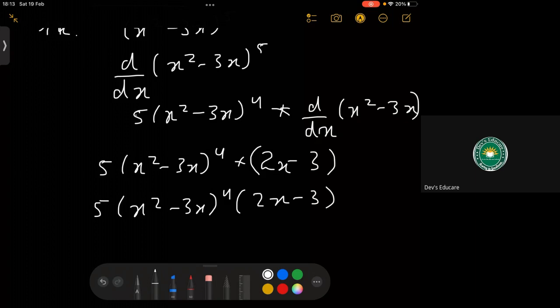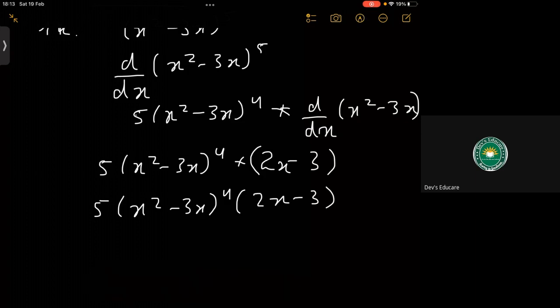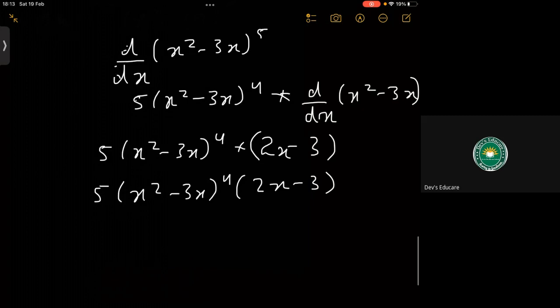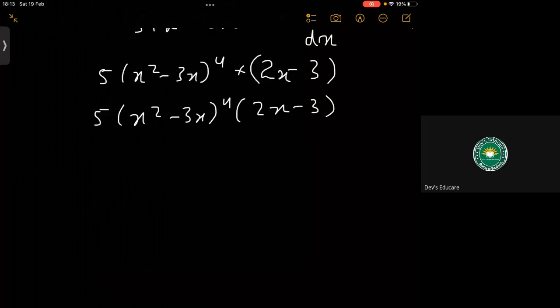The answer is 5 (2x minus 3) times (x squared minus 3x) to the power of 4, whole squared. Yeah. Okay. So do more questions.